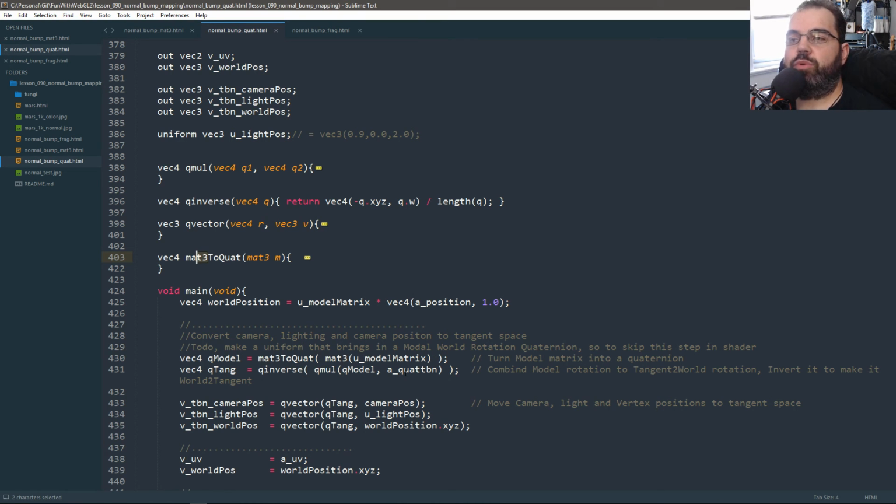So to rotate a quaternion, I need to multiply it by the world rotation, and there might be a function to multiply a 3x3 matrix with a quaternion and have it rotate.